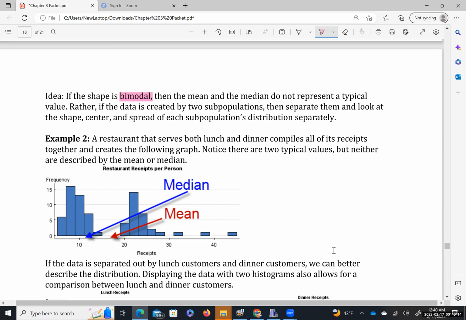As you see in example 2 here, a restaurant that serves both lunch and dinner combines all of its receipts together to create the following graph. Notice there are two typical values, but neither is described by the mean or median.